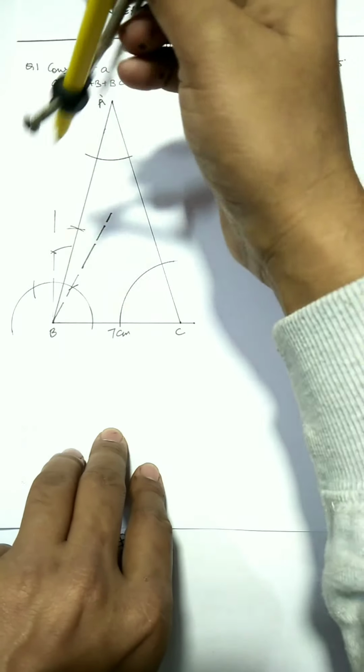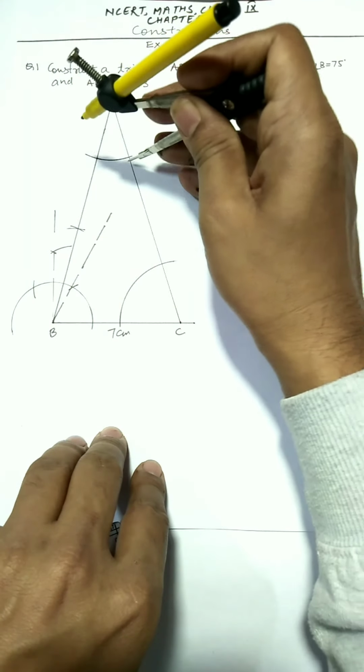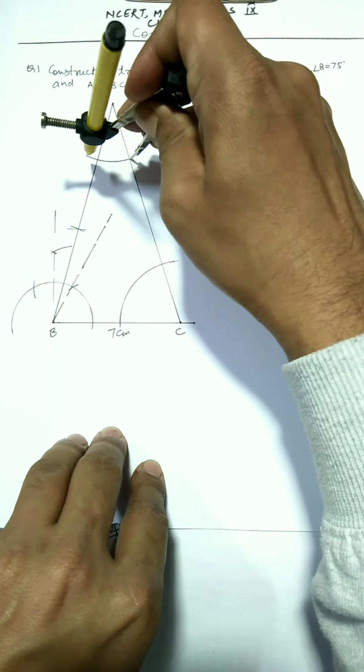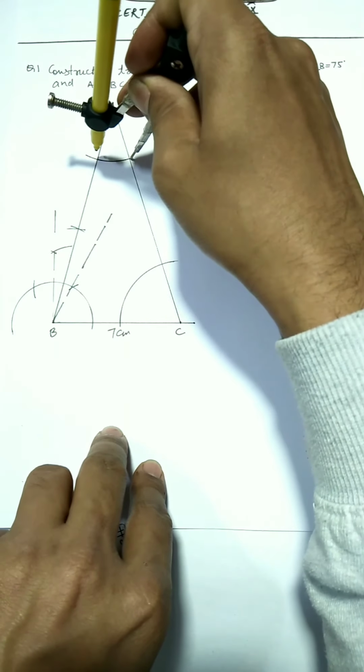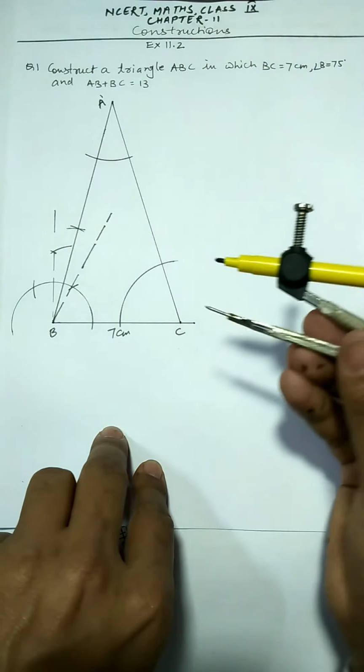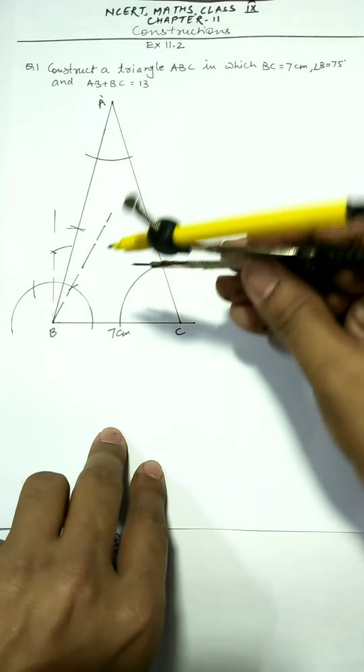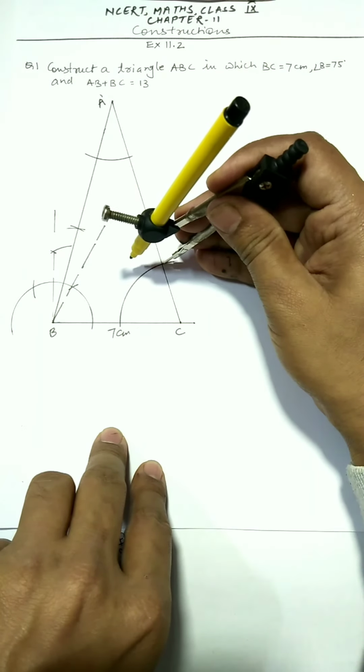Now you measure this width. This width of angle is this much. So you have measured this. Now make the similar width from this point also.